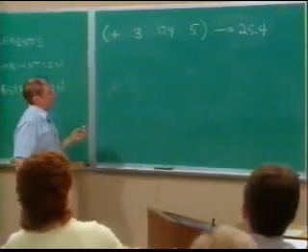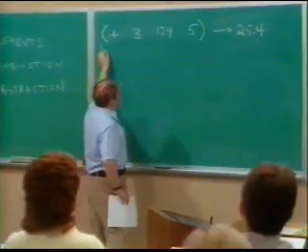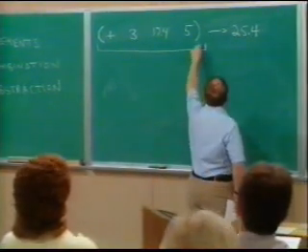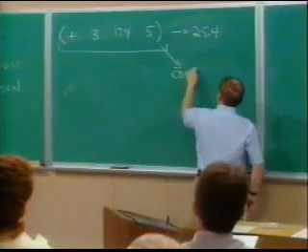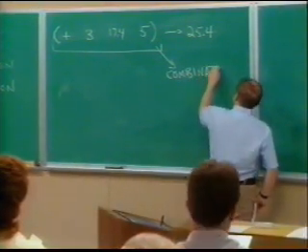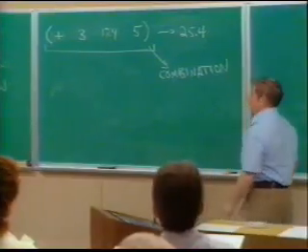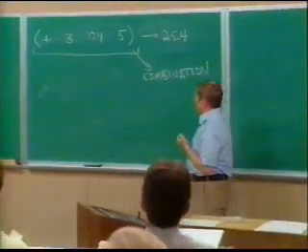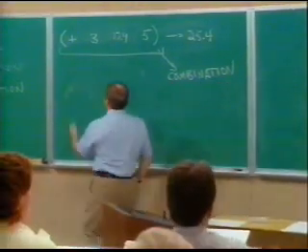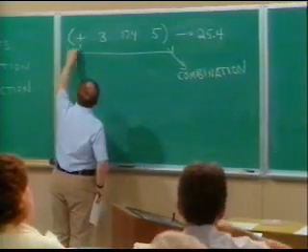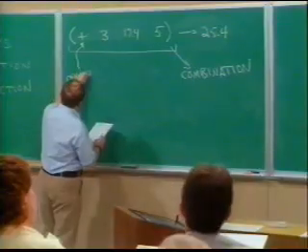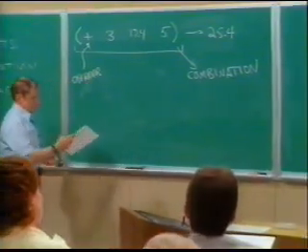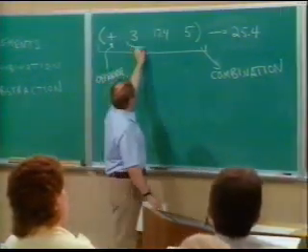Let's introduce some names. This thing that I typed is called a combination. And a combination consists in general of applying an operator, so this is an operator, to some operands.